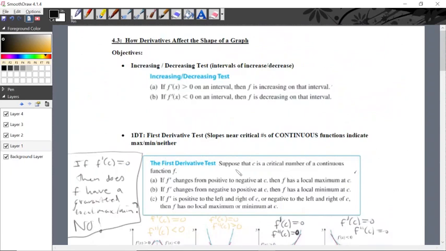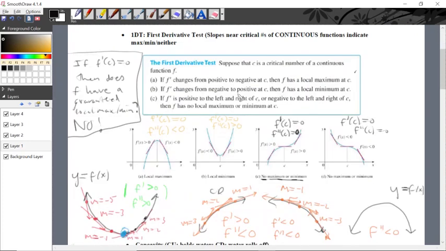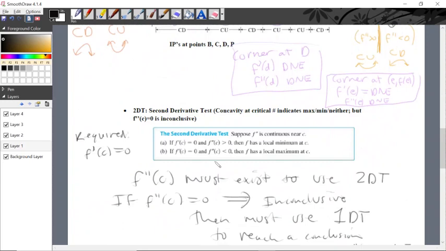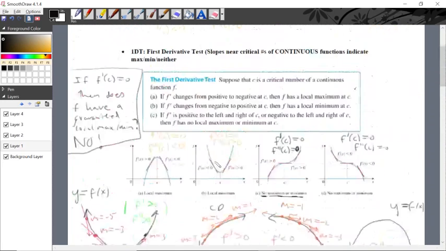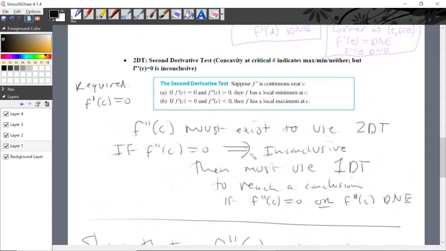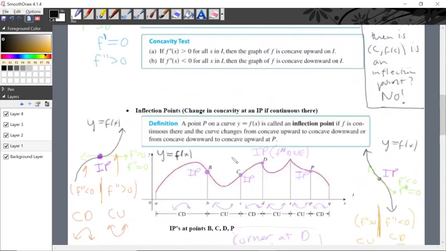So now we can find out where functions are increasing and decreasing with the increasing and decreasing test. We can also establish from that information where there might be local maxima and local minima with the first derivative test, or the second derivative test can tell us where we have local maxima and local minima. The first derivative test ultimately is going to be more robust, because the second derivative test sometimes will just fail and we'll have to revert to the first derivative test.